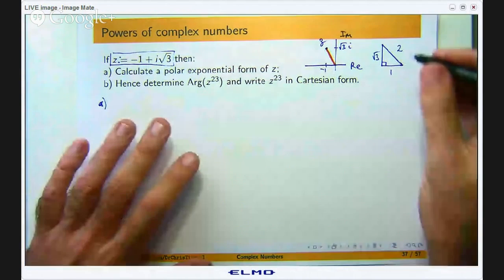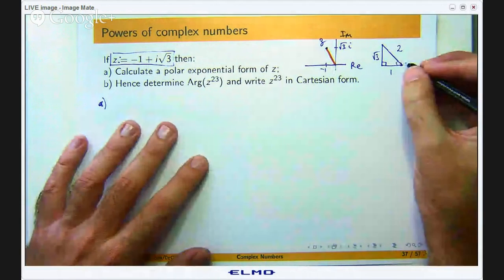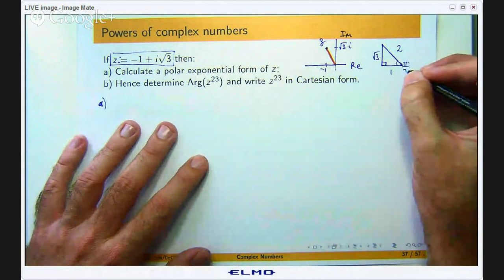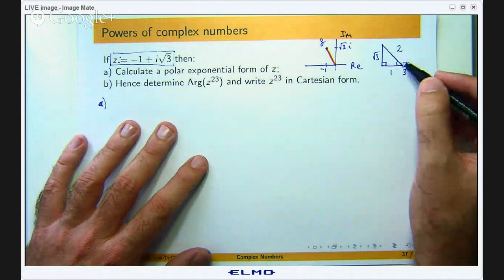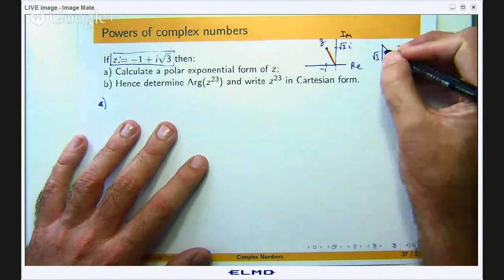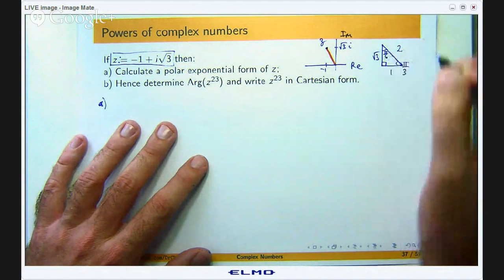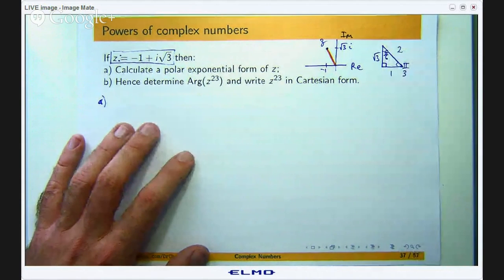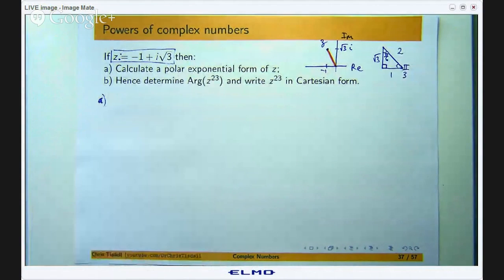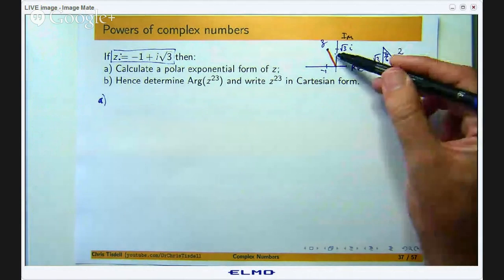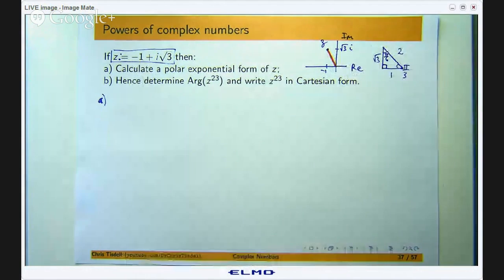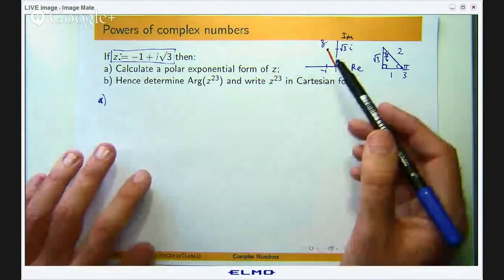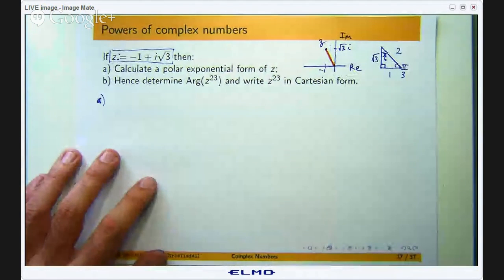We also know, because this is one of the basic triangles from trig, that this angle will be pi on 3 radians, and this angle will be pi on 6 radians. So just by drawing a little diagram, we can actually work out what the r and what the theta should be, or the argument of this complex number z.